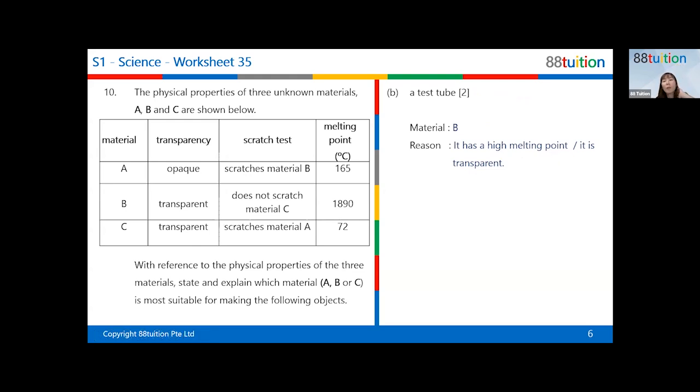Now, I even want to add on a little bit more. I will say that material B has a high melting point to withstand strong heating.